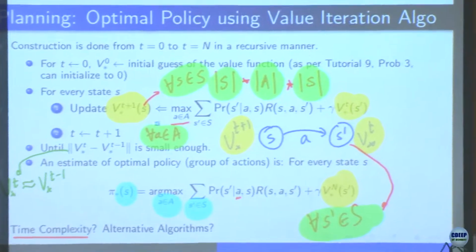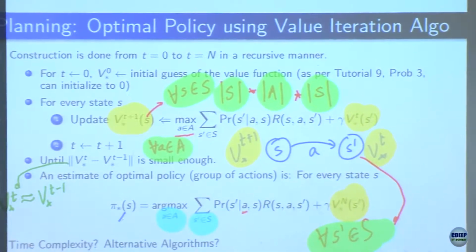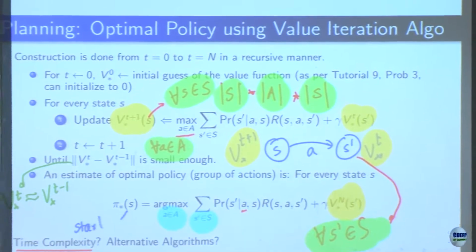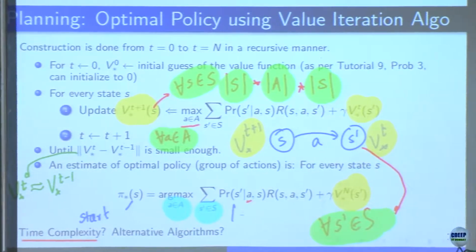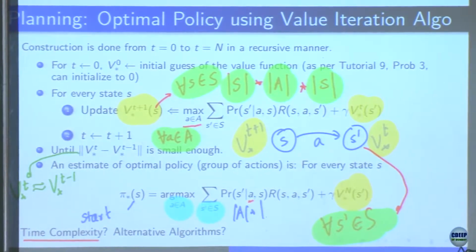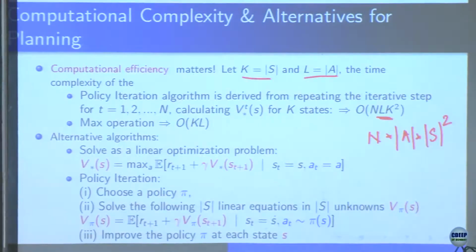That's already done. So it will be order of size of action into size of states. That's what we have here: size of K into size of L.